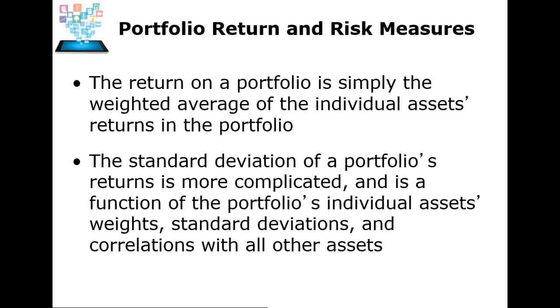So you can't just take the return of each stock and divide by the number of stocks in a portfolio to get an average return, because that is not really an accurate return. You want a weighted average where the bigger positions count more than the smaller positions. And we can also create a standard deviation in our portfolio that will give us a better idea of the distribution or dispersion of returns in the portfolio.